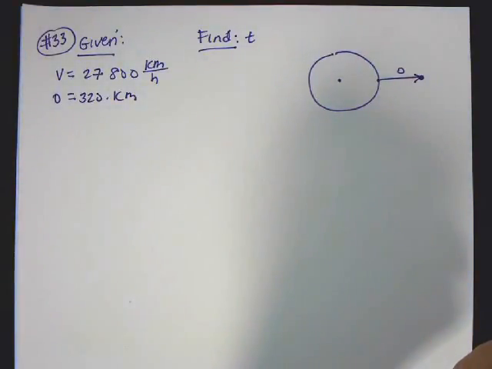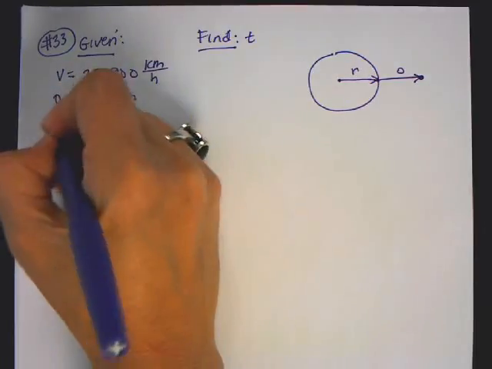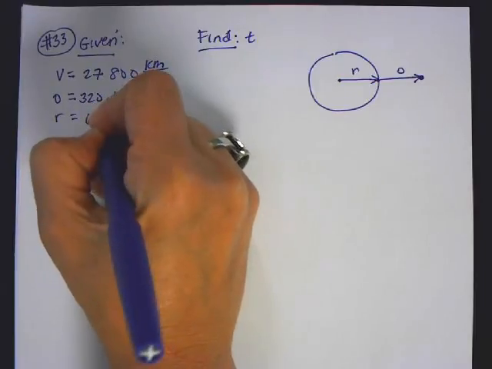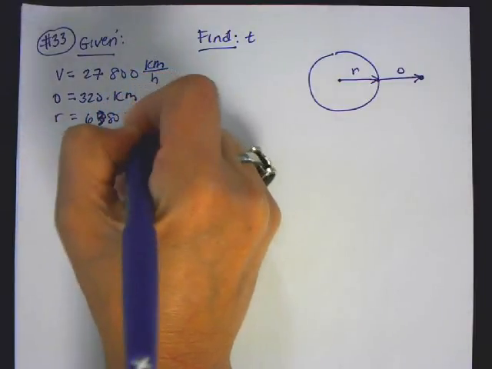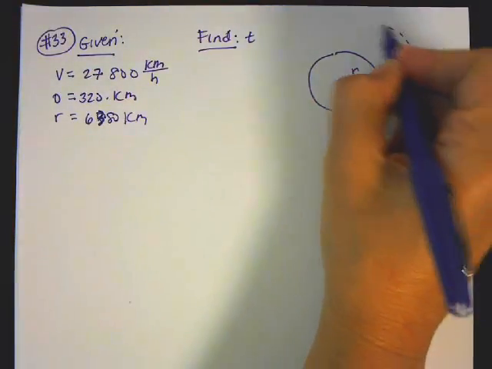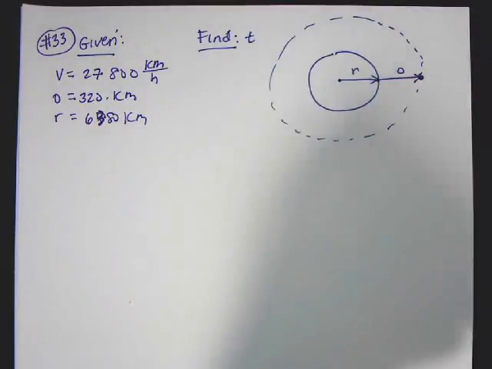And the Earth's radius, so this is now the radius of the Earth, is equal to 6,380 kilometers. Now, obviously, I didn't draw this to scale. Okay. So now here is the shuttle, which I don't use anymore, going around the Earth.